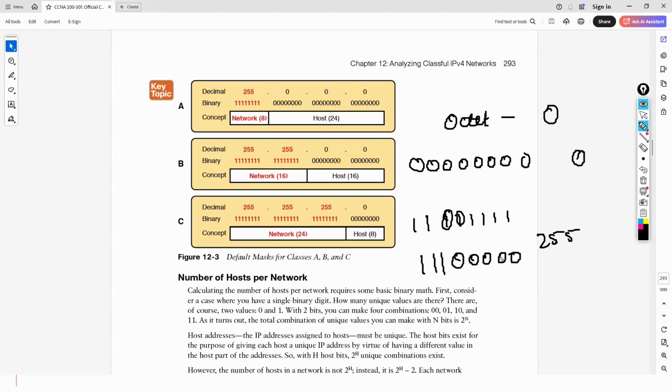Meaning all the ones are on the left side and all the zeros are on the right side. So you have to choose such an address mask. We'll talk about choosing the address mask later, but I'm trying to explain this part.